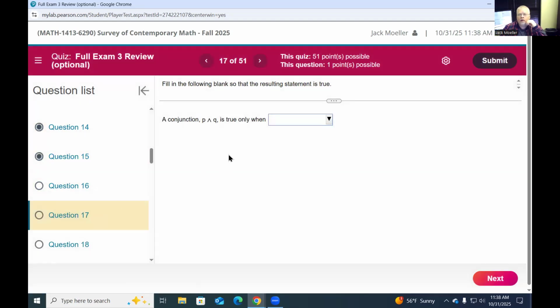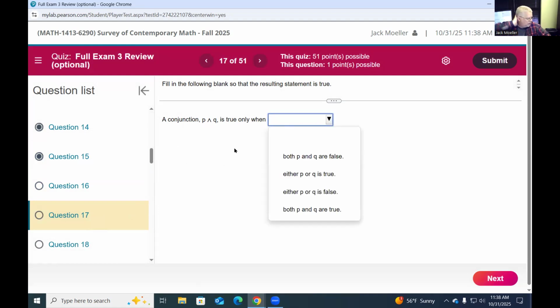The conjunction, so you have to know the symbols. So now we're getting into truth tables. So when is P and Q true? Well, this is one thing that, since you have to know your truth tables, I would definitely make sure, on your page of notes, you have the 3 truth tables you have to know.